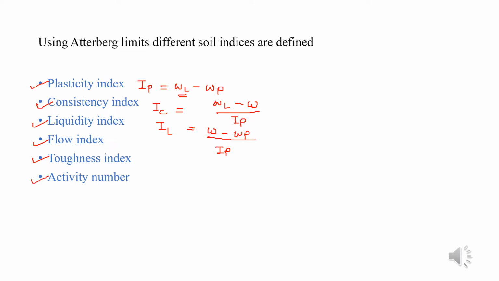Now, what is my activity number? Usually the plasticity index of the soil, that is IP, is dependent on two things. One is the type of clay mineral present, and another is the amount of clay mineral present.